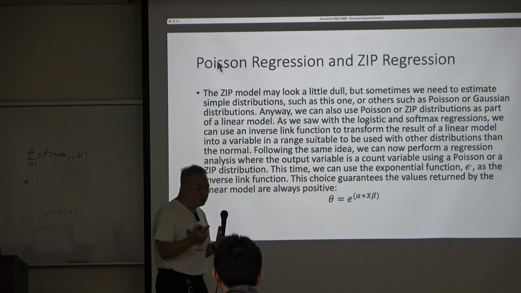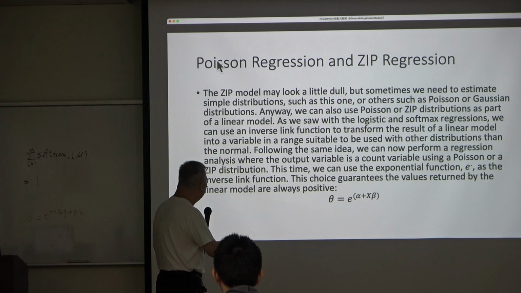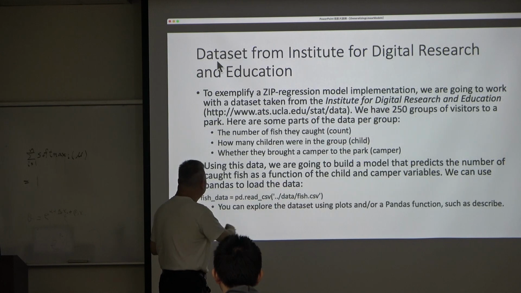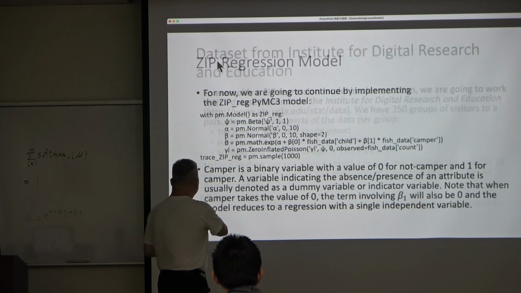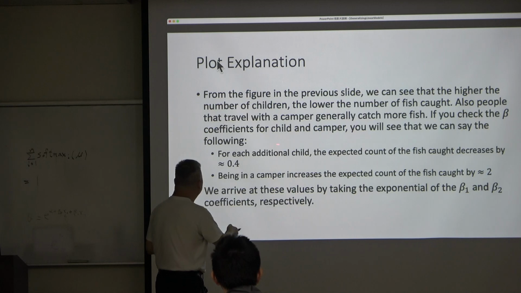So that's why it says, for each additional child, the expected count of fish caught decreased by 0.4.